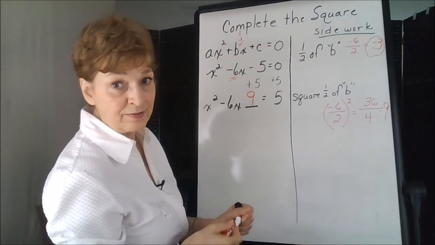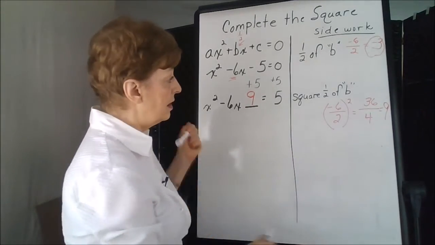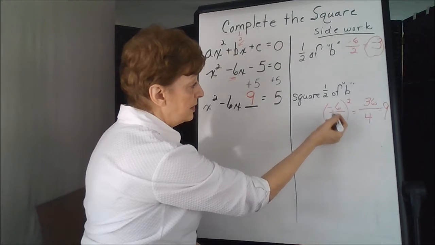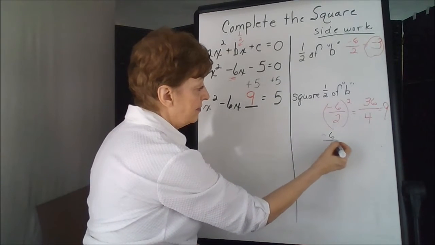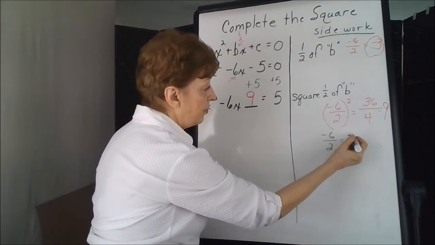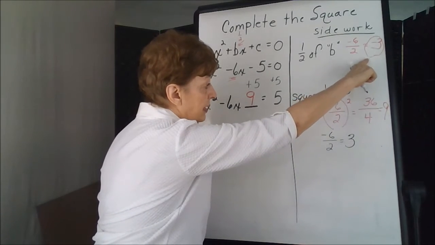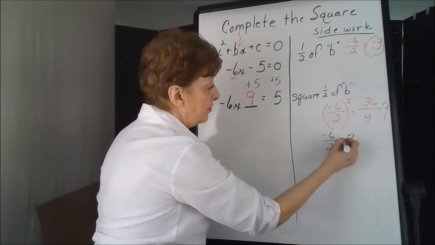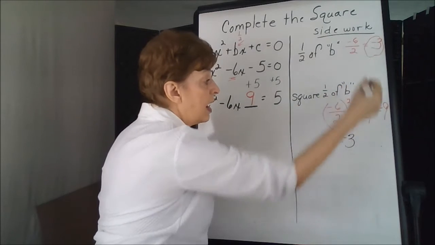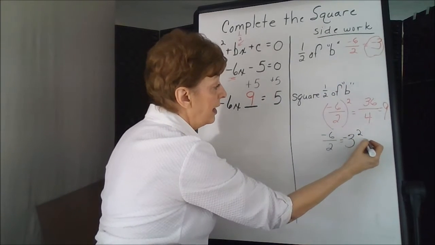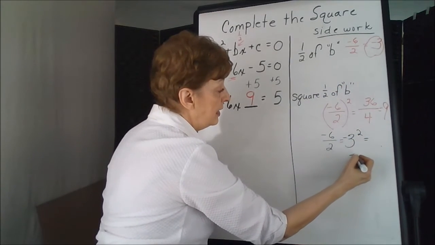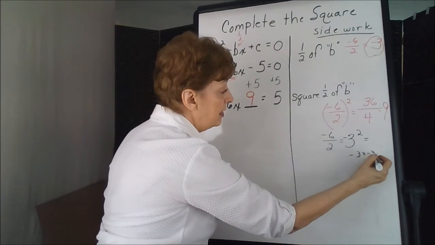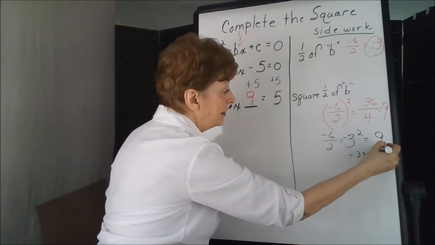Now you may have been able to shortcut this by going -6 divided by 2 is equal to -3, as we found out here, and then square that to get -3 times a -3 is equal to 9.